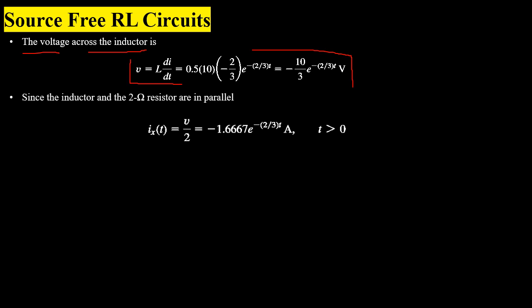And as both inductors and the 2 ohm resistor are in parallel, they will have the same voltage. So the current Ix will be equal to V divided by 2 and will have the value of -1.6667 e^(-2t/3) amperes for time t greater than 0.